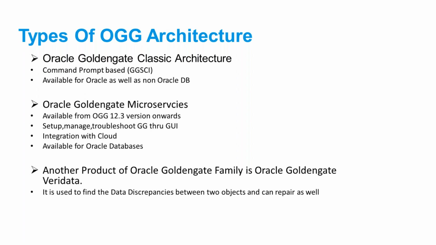You must have heard this term microservices with other technologies as well, like ServiceNow, and many other technologies are moving to microservices, where things run as a service, and it allows for better integration with cloud applications. So microservices architecture allows you to set up, manage, troubleshoot, and configure Golden Gate through a GUI.